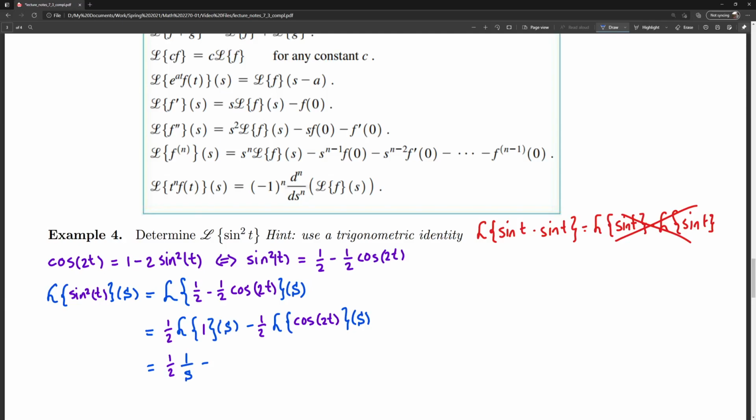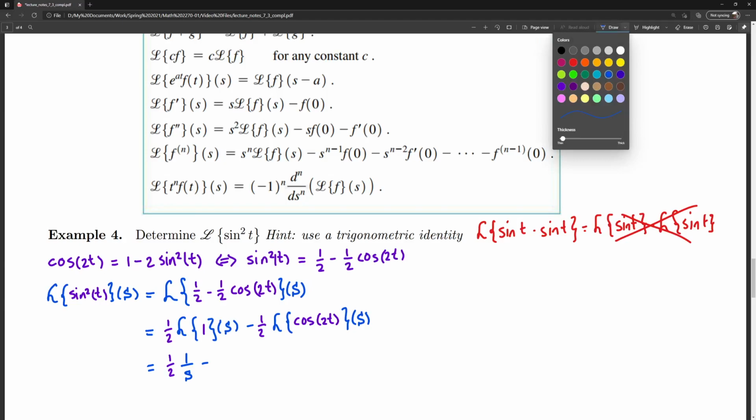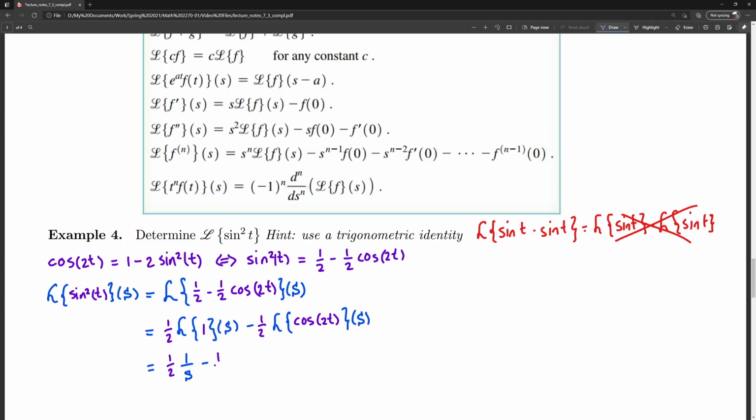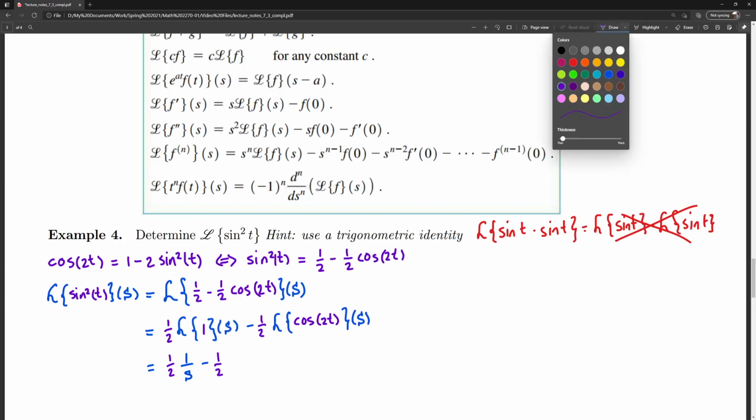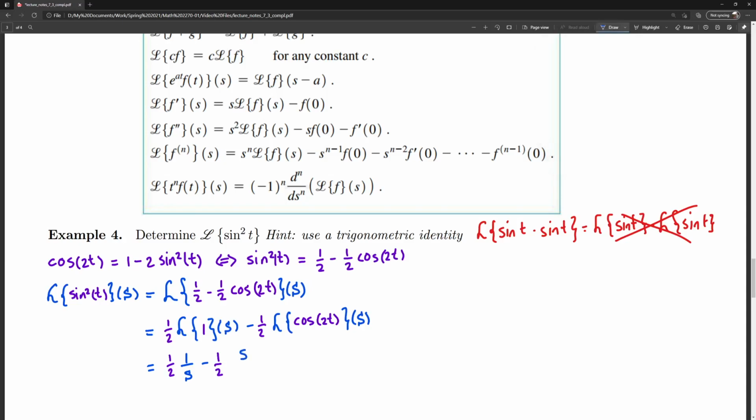And then minus 1/2 times the Laplace transform of cosine 2t, which is something you can look up in a table as well, and that is s over s squared plus 2 squared.